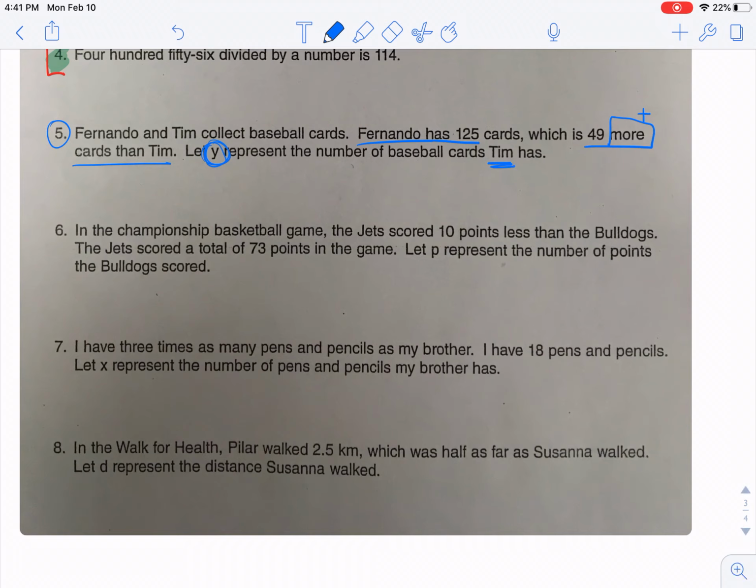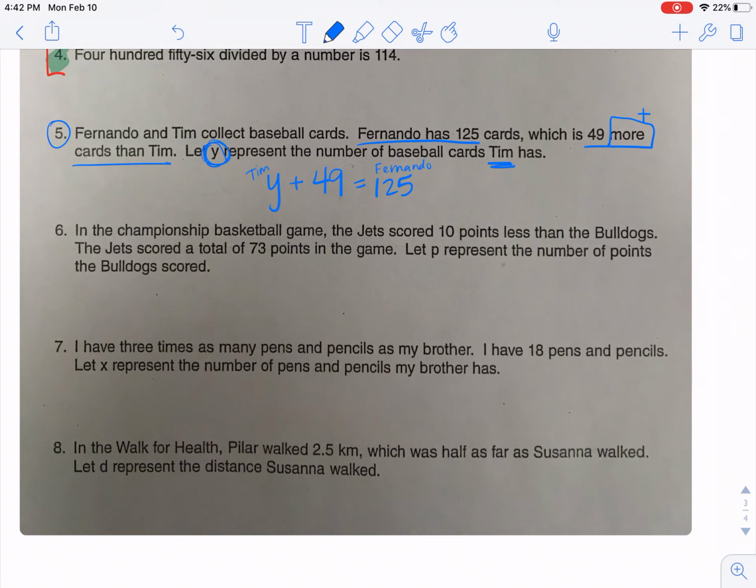So, let's think. 49 more than Tim. So here's how much Tim has, because Tim is Y, and Fernando has 49 more than Tim. And Fernando has 125. So Tim plus 49 equals Fernando.